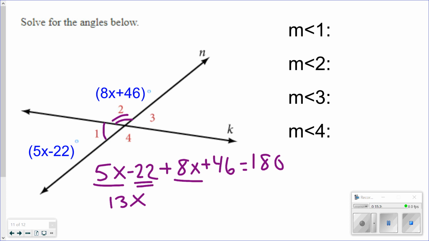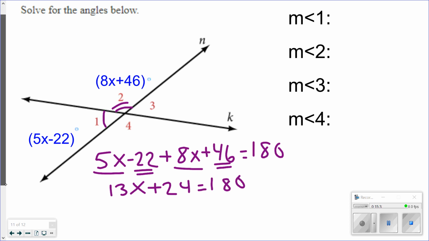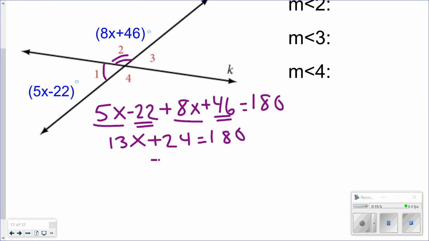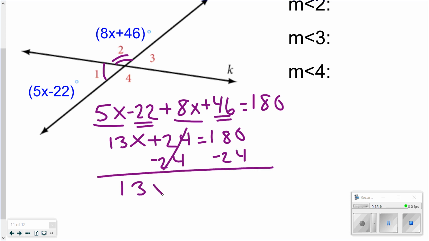Negative 22 plus 46 is a positive 24, is equal to 180. I need to subtract 24 from each side. So 13x is equal to 156. Divide by 13, divide by 13. So x is equal to 12.